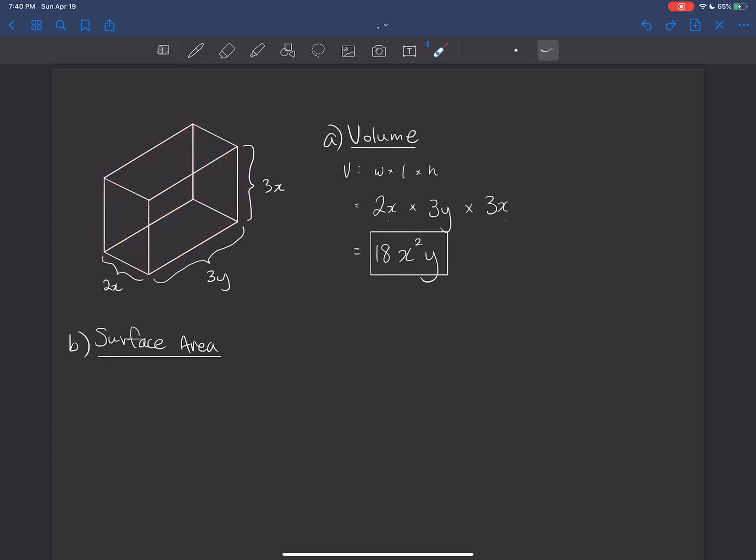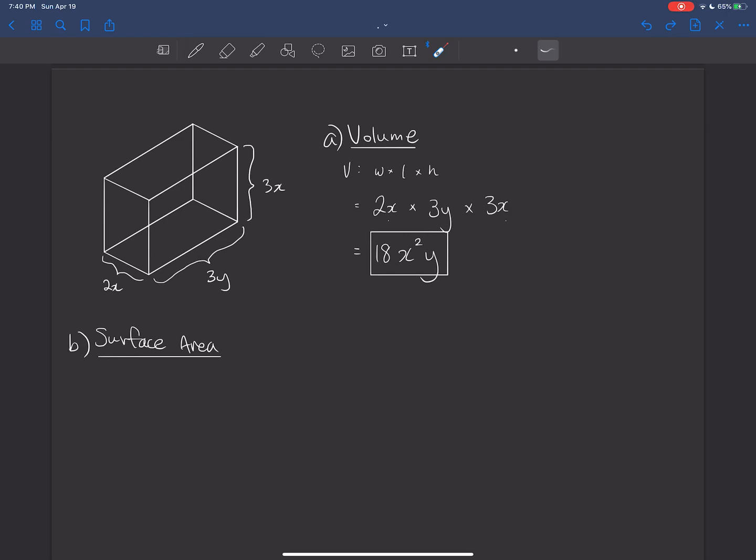So we have three pairs of rectangles that are making up the surface area of the rectangular prism. So if we find the area of the three rectangles, this one, and this one, and multiply that by 2, we will get the surface area.